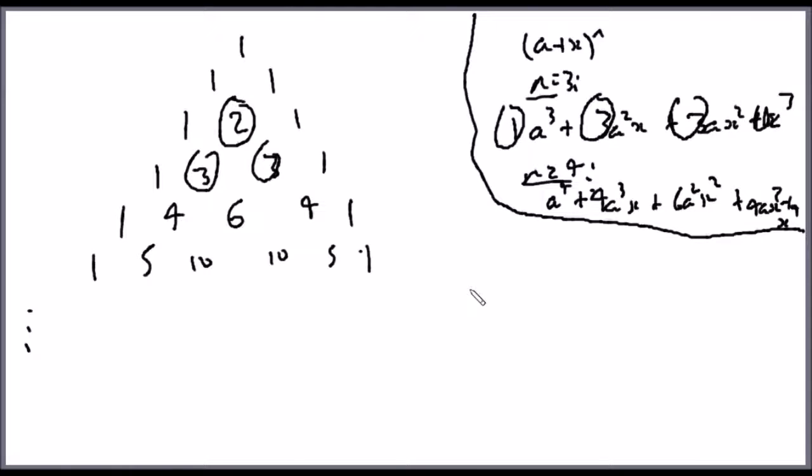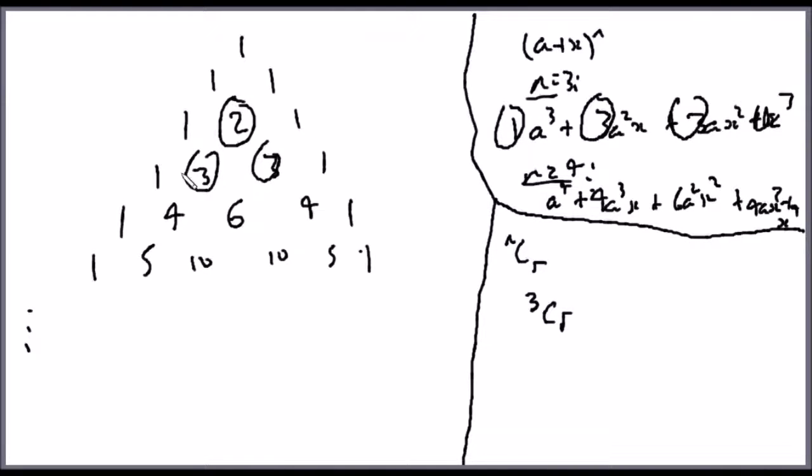Also, there is some notation to go with this: nCr notation, n choose r. For (a + x) to the power of n, when n equals a certain number, let's say 3, then r is the rth place along.